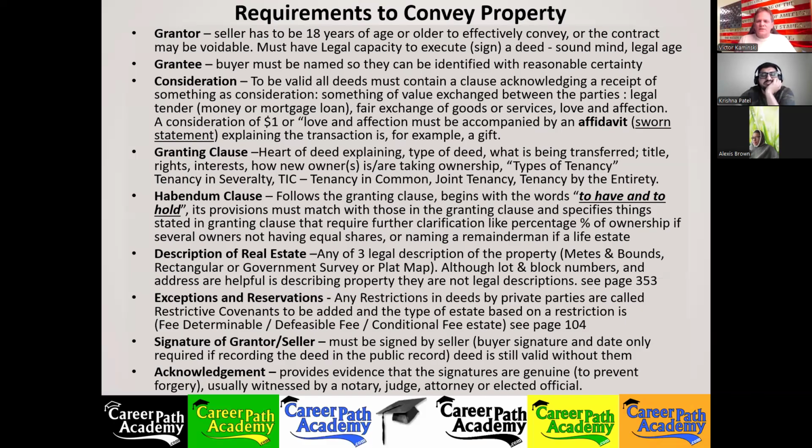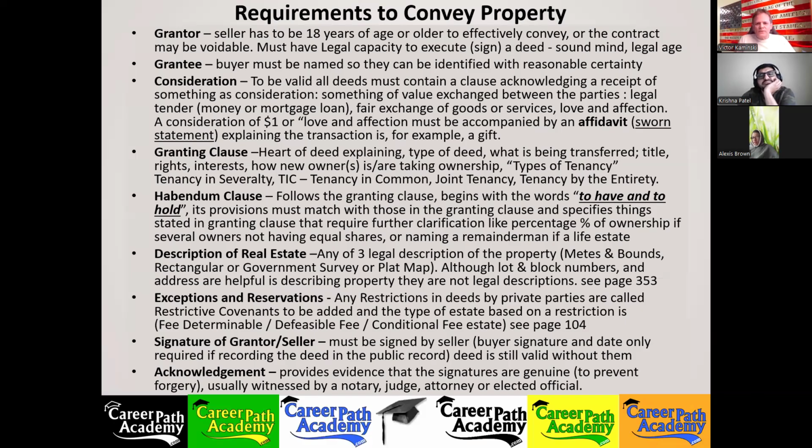Which one of those is sole ownership by one person or entity? Severalty. Your interests are severed. It comes from the root word sever, not several, but sever.